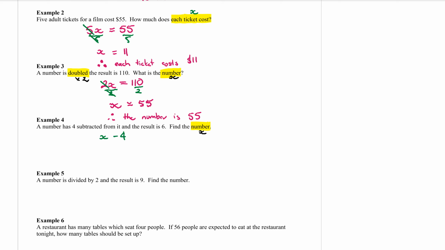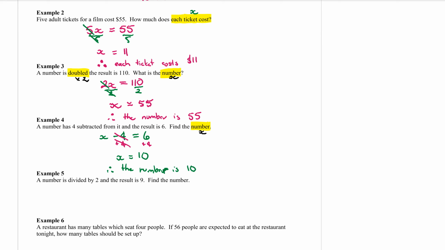And the result, that means equals, is 6. So equals 6. Solve the equation. I need to plus 4 to cancel that off. x is by itself and 6 plus 4 is 10. Write the conclusion in words. So we say, therefore, the number is 10.